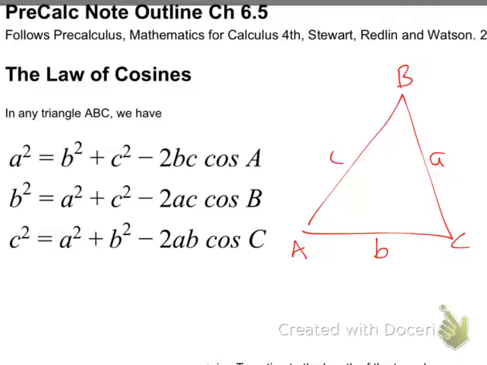It's not too bad. Now again, we can change it around for any of the particular variables or sides. But we always set it up as a squared equals b squared plus c squared minus 2bc times cosine A. I intentionally left space between the 2bc, 2ac, and 2ab and the cosines. Those are multiplied together. Okay?